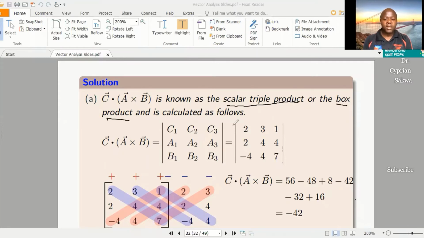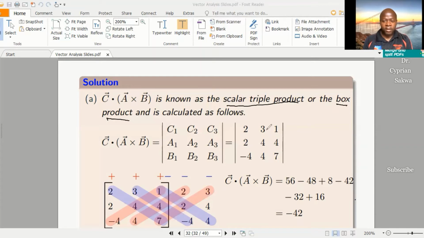And as I've said, we will calculate it the same way we calculate the determinant of matrices. So this is C, with C1, C2, C3, then A, A1, A2, A3, and B, B1, B2, B3.